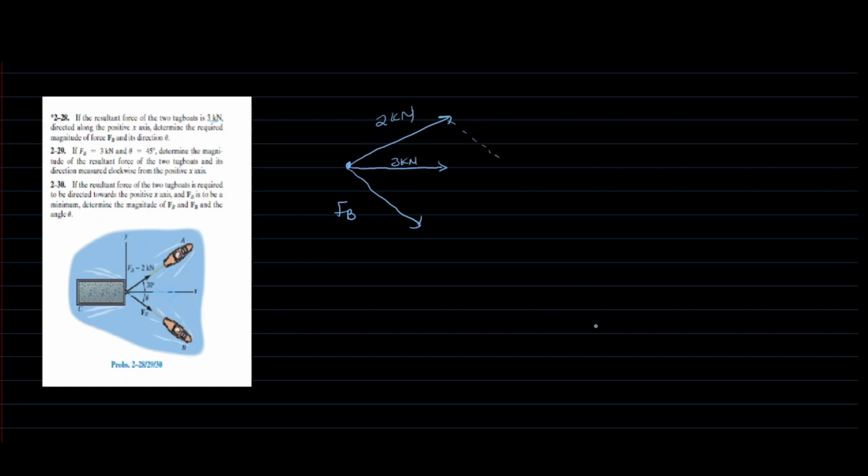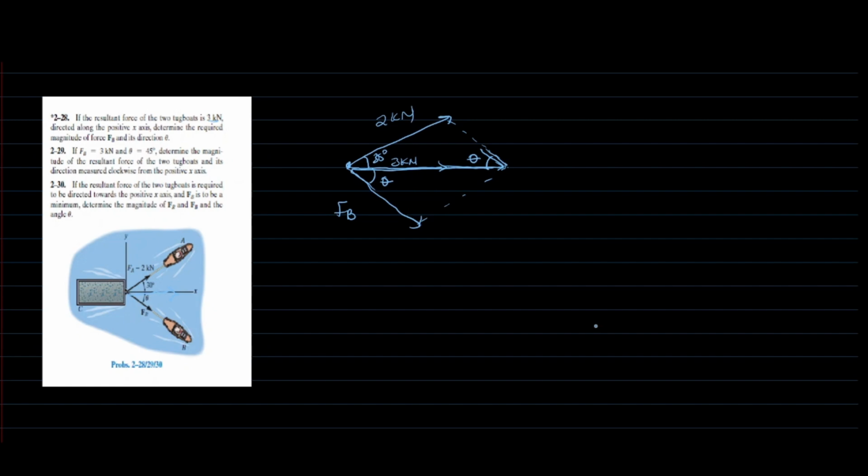Now just simply going to draw the parallelogram. Let's extend this. Now we know that this angle is unknown. By extension, this angle is also the same as this angle, alternating angles. This angle is given as 30 degrees.